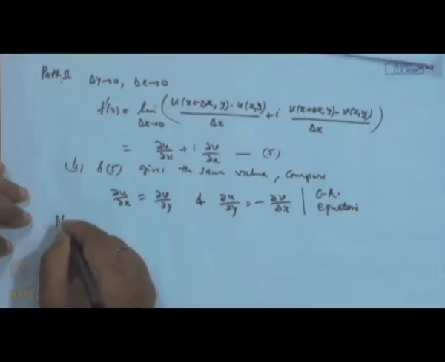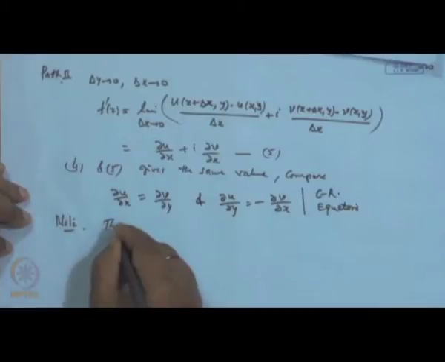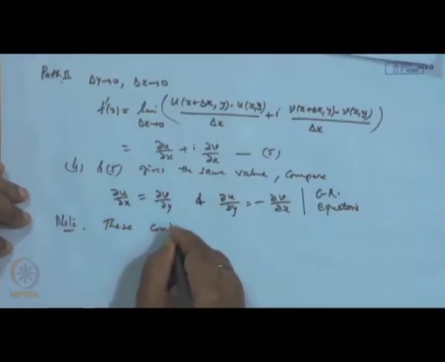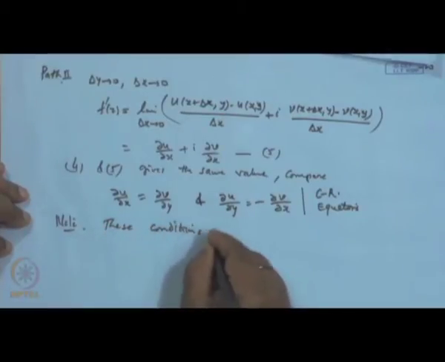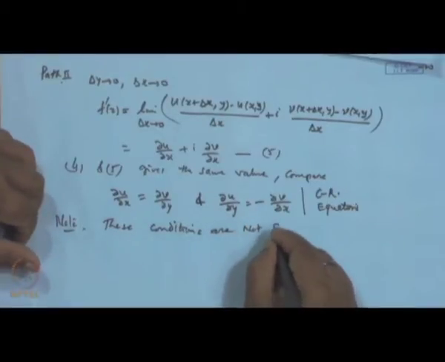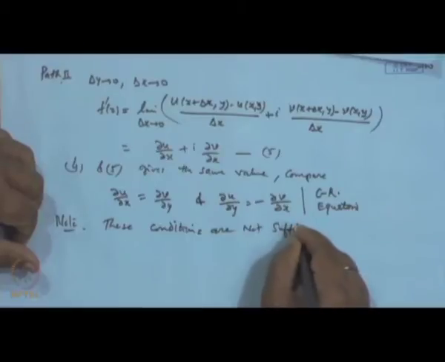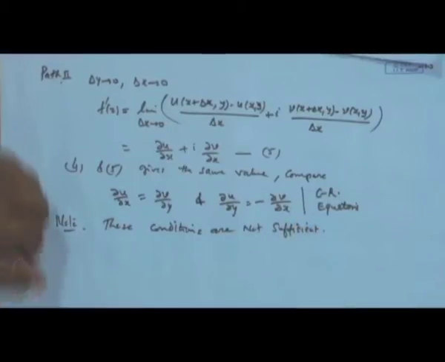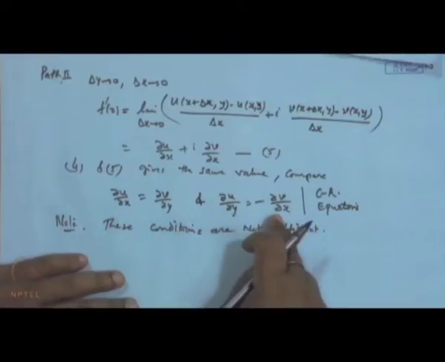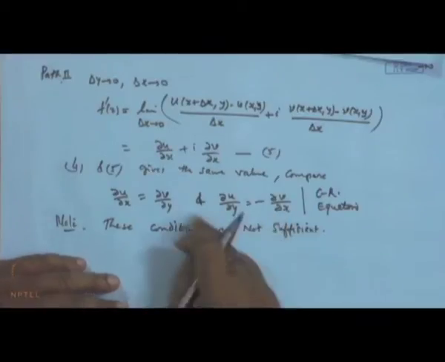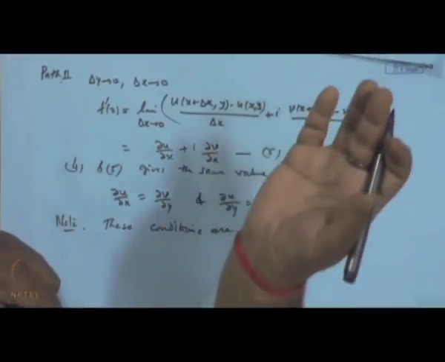Because these are the necessary conditions, these are not sufficient. I am not saying it is a sufficient condition. So, basically we say these conditions are not sufficient, which means the CR equations are satisfied, but the function is not analytic or not differentiable at that point.